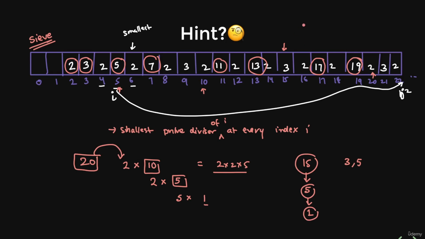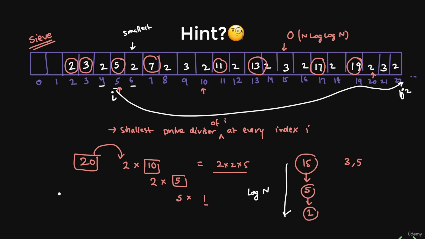In order to pre-compute this sieve, it is going to take order of n log n time, same as the prime sieve. In order to answer a query, the time would be even less. The step in which we are reducing the number to 1 works in logarithmic time, so it is going to be log n for every query.